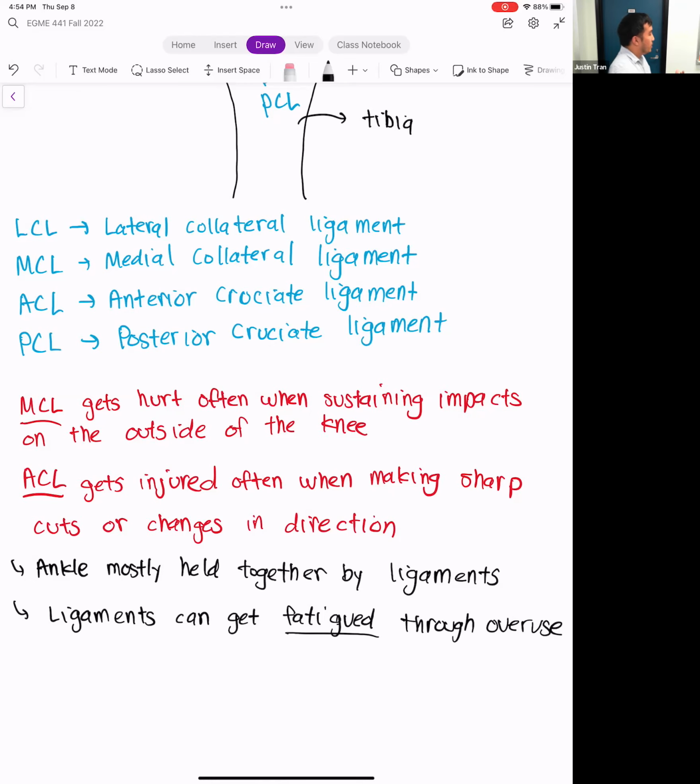Right. And so, just like any material, when a material gets fatigued, it loses a lot of its structural properties. And so, maybe a force that they could have withstood at full strength, if they're fatigued just by overusing them, then they might sustain an injury or a tear.